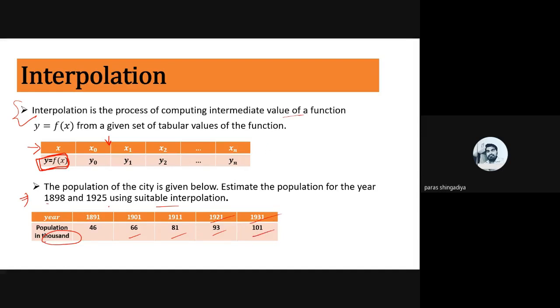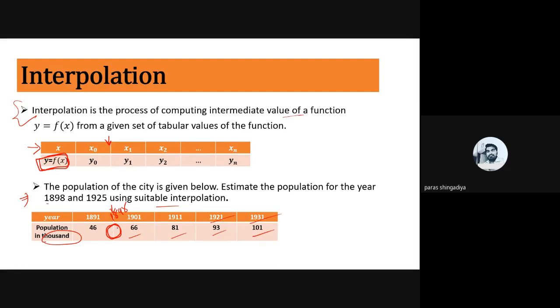Now you have to predict the answer at 1898, which lies between 1891 and 1901, that is, within this interval. What would be a possible approximate value?